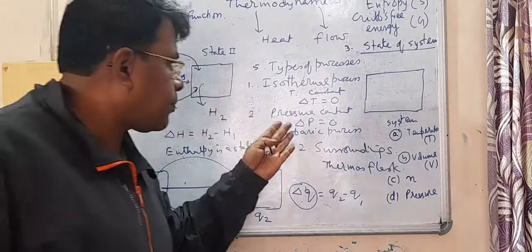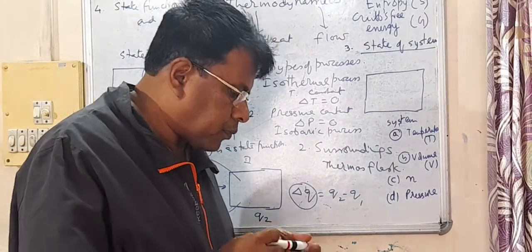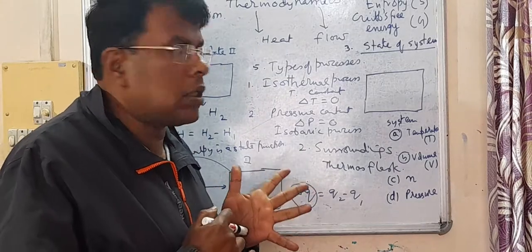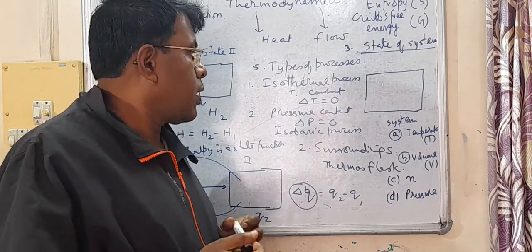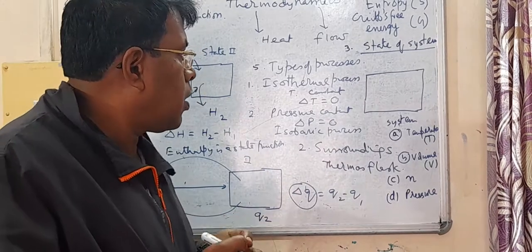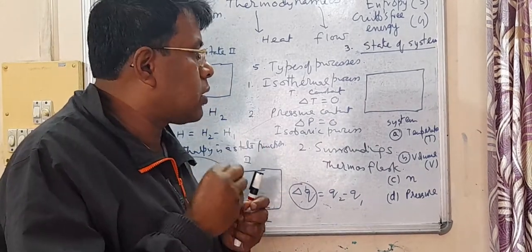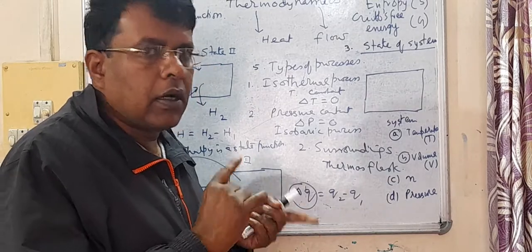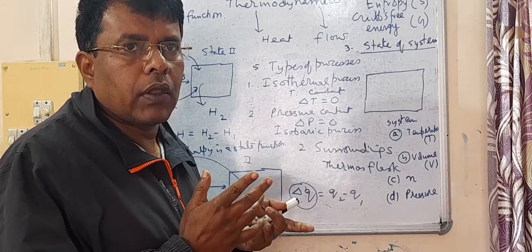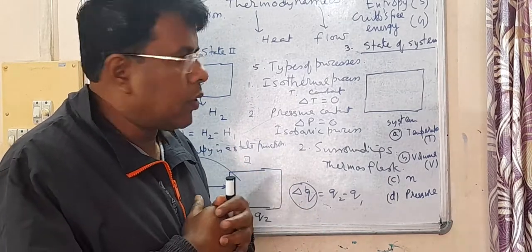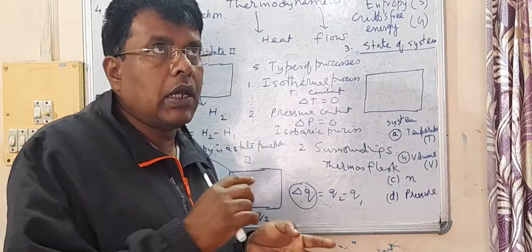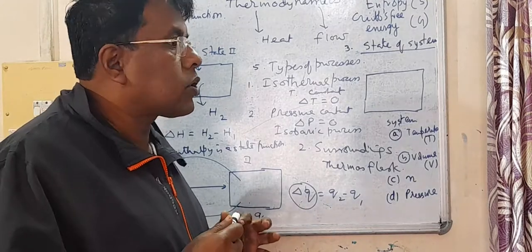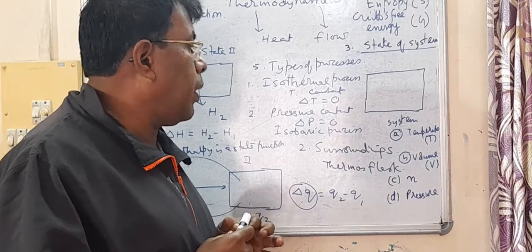Likewise, there are processes where volume is kept constant. That is called an isochoric process. There are processes where the amount of heat transfer is 0. There is no heat exchange between system and surrounding. Such a process where heat exchange is 0 is called an adiabatic process.